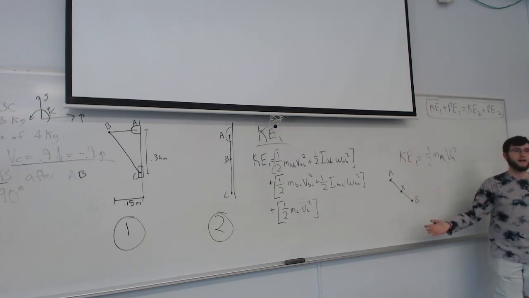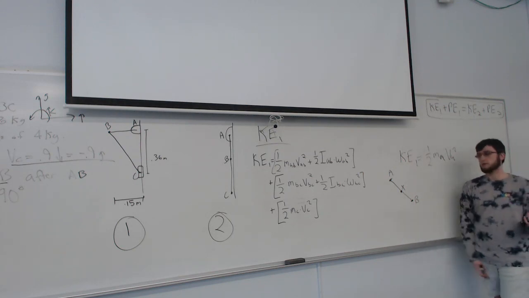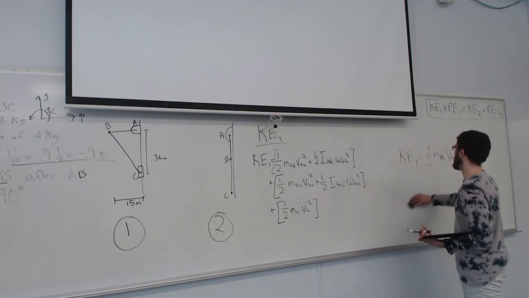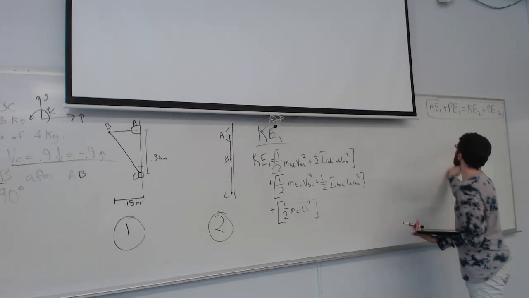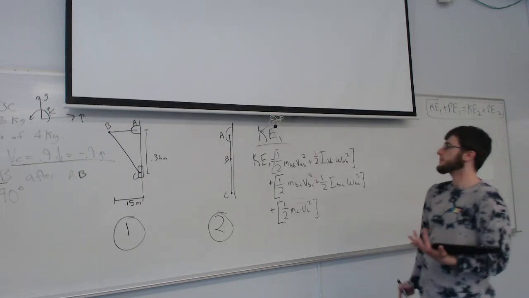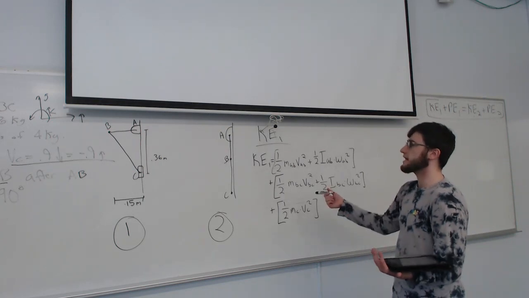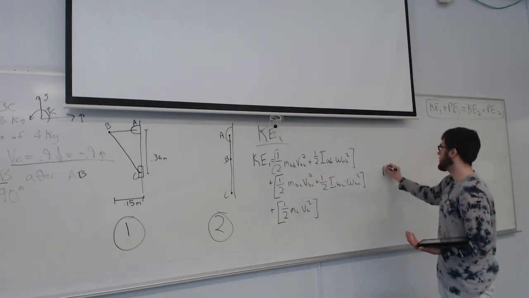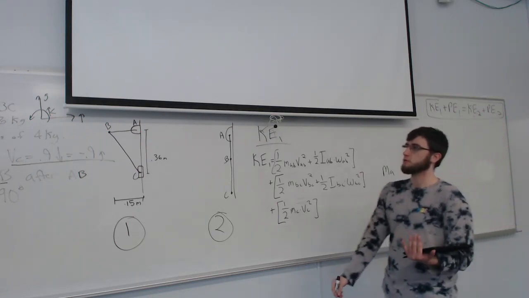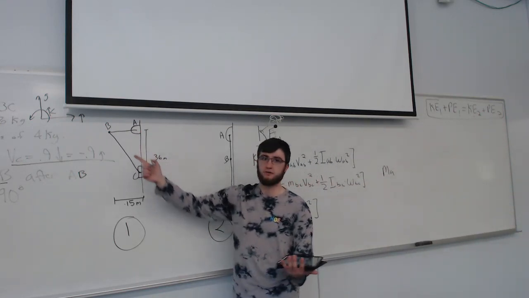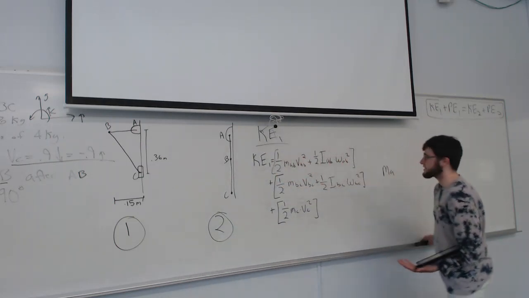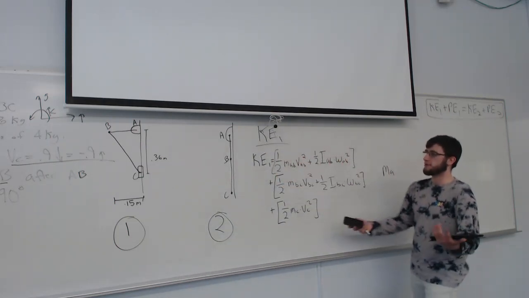You use its center of mass instead, right? So that's how I'm going to solve it. Doing that, this term right here, mass of A, doesn't really mean anything. We're given the mass of the rod itself, not of point A, so it doesn't make sense. So that's why mass of AB, velocity of AB.